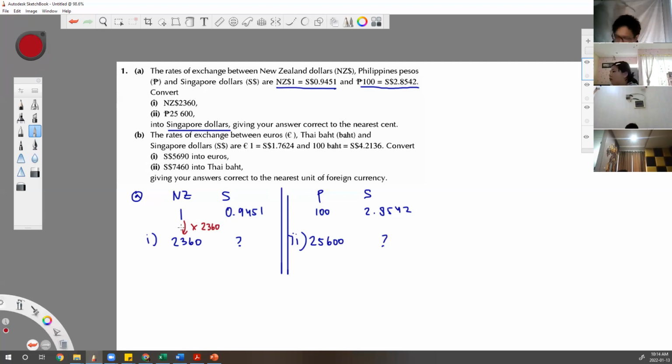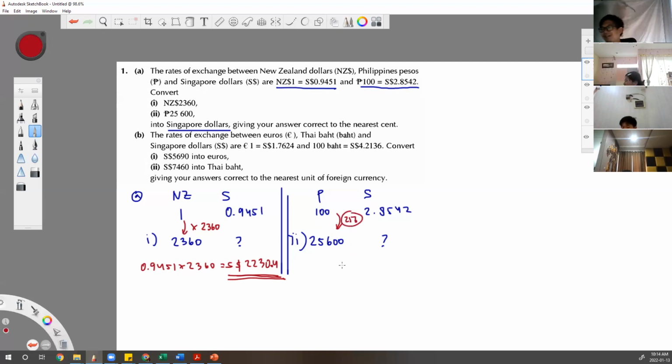Okay, so 0.9451 times 2,360. See, piece of cake. Singapore dollar of 2,230.4. I do the rounding. And how about this? If you convert to 1, ribet, tapi udah gampang nih, times 256 aja, right?